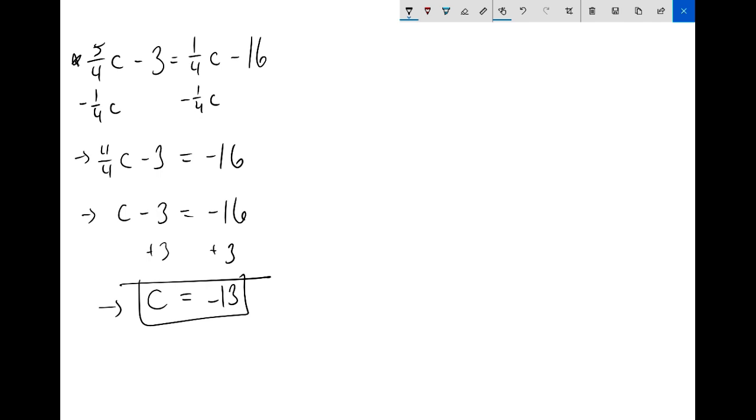Now, this one happened to be really nice because the fractions had common denominators and they combined to a nice whole number, which is convenient, but it's not always necessarily the case. Okay, so another way that you can solve problems like this is a process called clearing fractions.